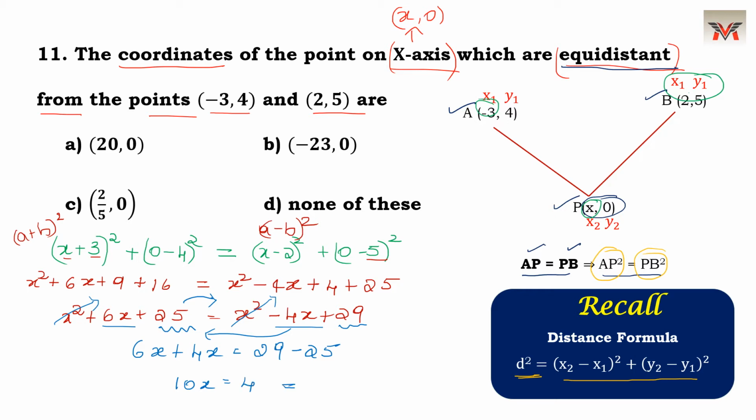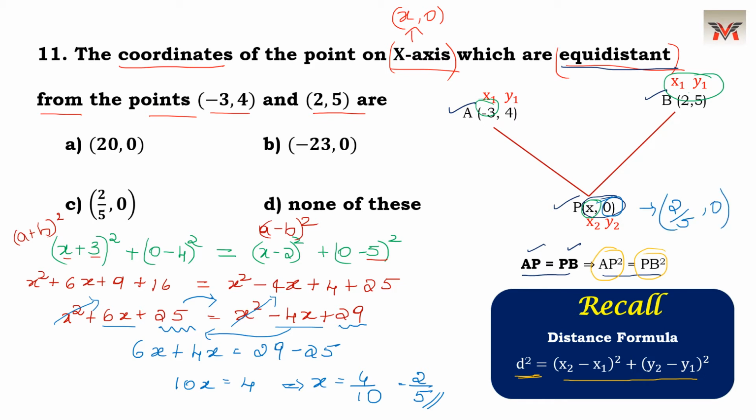This implies x is equal to 4 by 10, or x is equal to 2 by 5. We already know the y value is 0. Therefore the point is x value 2 by 5 and y value 0.